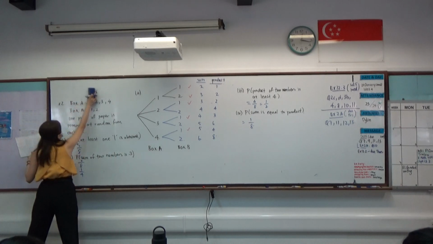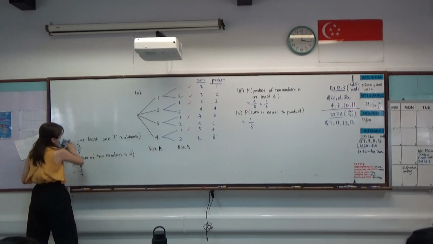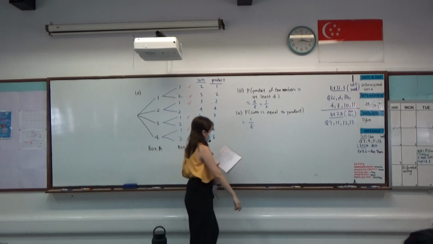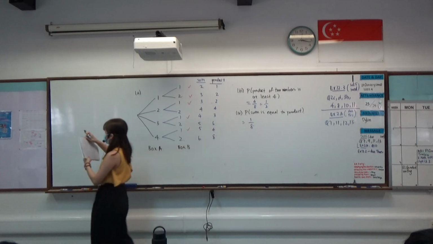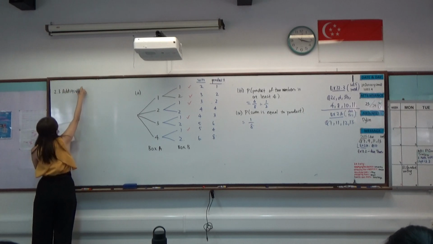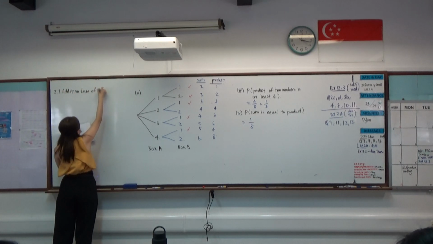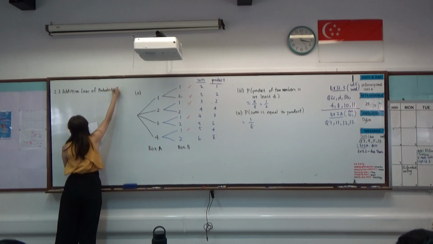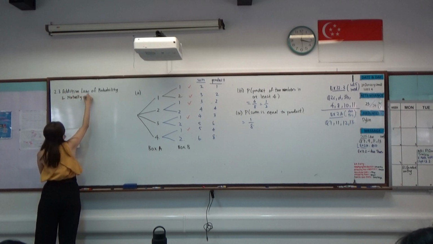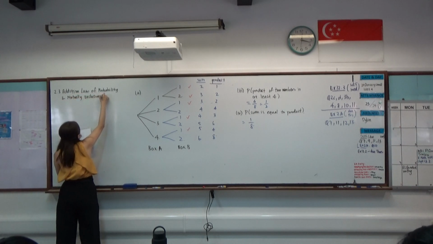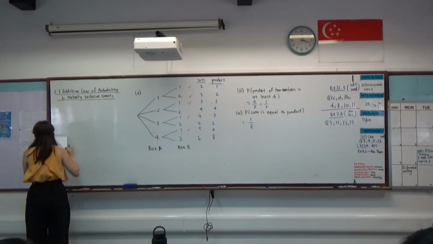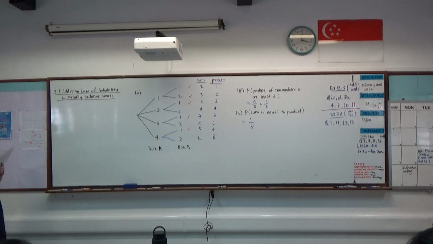Let's look at 2.3. We delve deeper into our tree diagram. Write down the meaning of mutually exclusive on the whiteboard first.